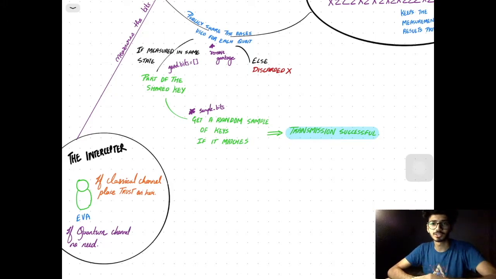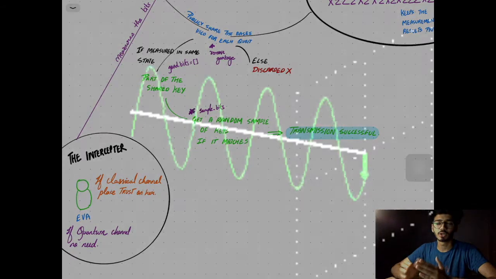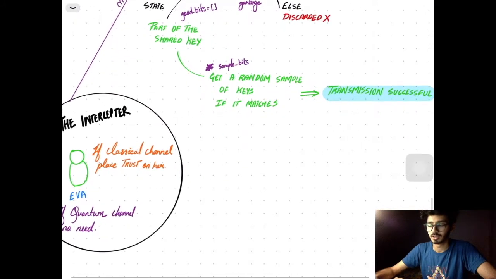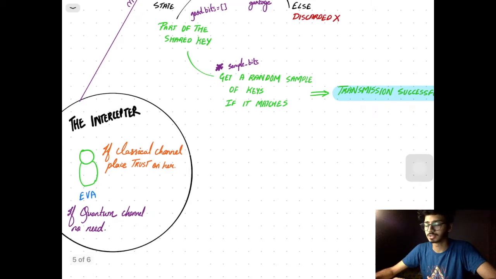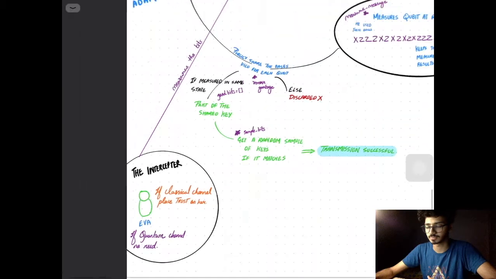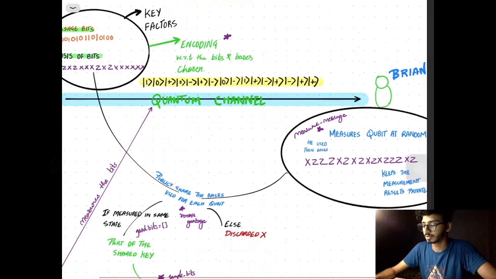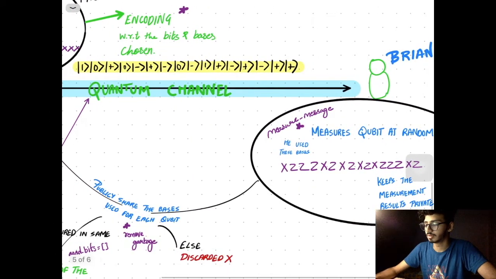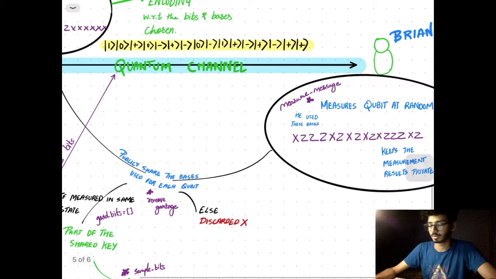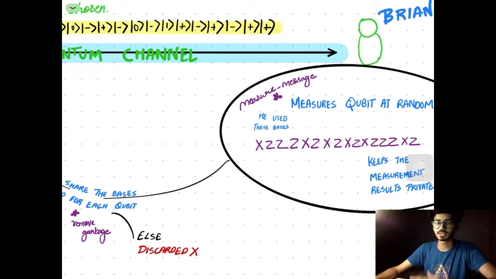Photons are transmitted through it, in which polarization occurs and states are decided. In a classical channel, the receiver or the sender has to trust the channel mediator, which is Eva in this case. After encoding, the receiver, Brian, measures the message bits, and generates the qubit states at random.